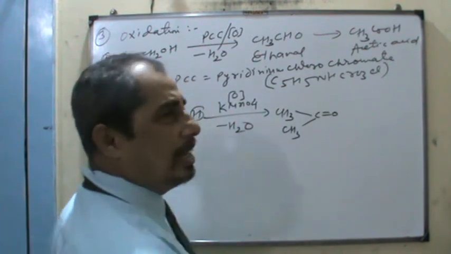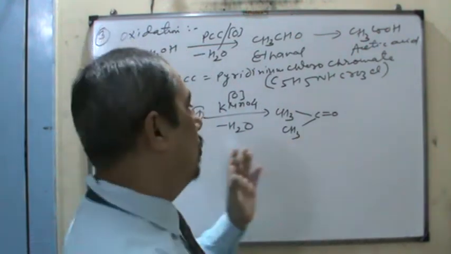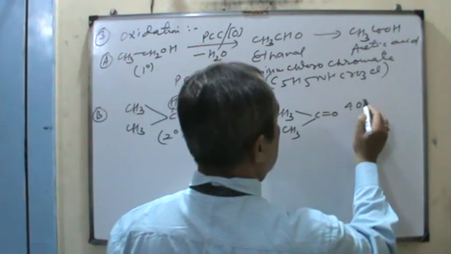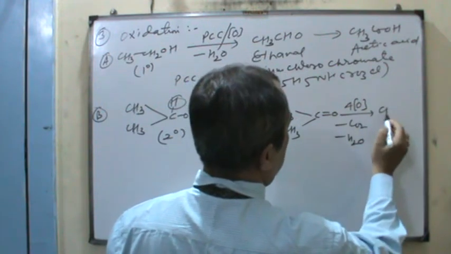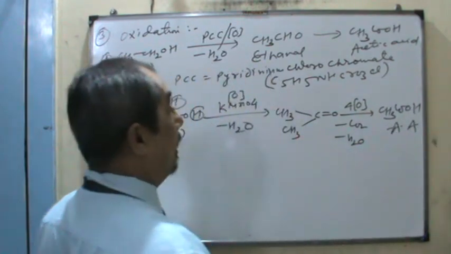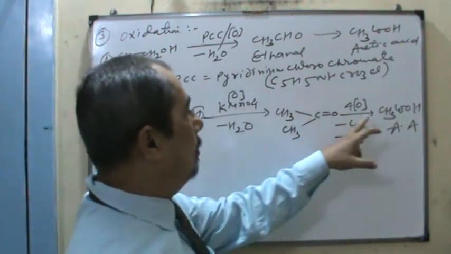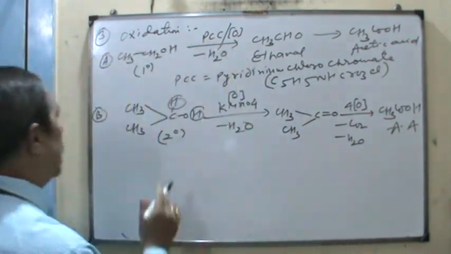Ketone is not very easily oxidized, it is drastically oxidized. Therefore, it will get 4 times oxygen here, and then CO2 minus water, CH3COOH. What is formed here? Acetic acid. 1, 2, 3 carbon, 1, 2 and 3 hydrogen, 3, 3, 6. 3 plus 1, 4 plus 2, 6 is alright.